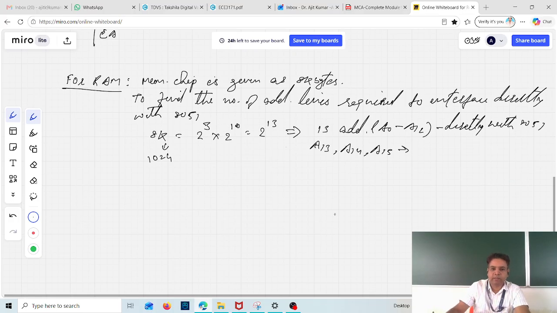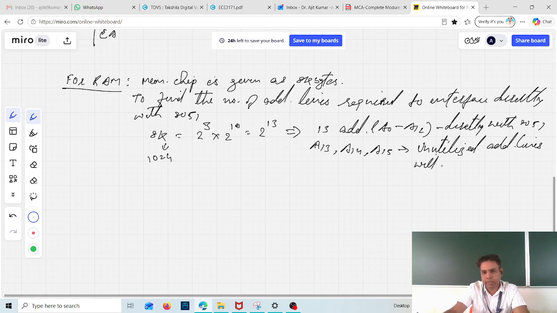These are unutilized address lines, and I told you that the unutilized address lines will be connected to the address decoder circuit.